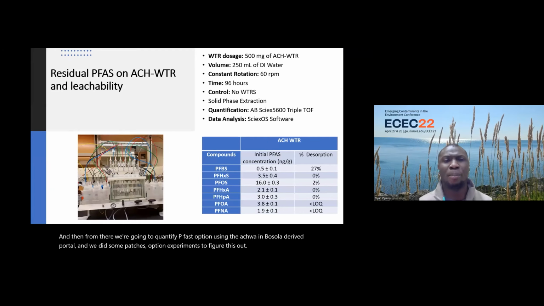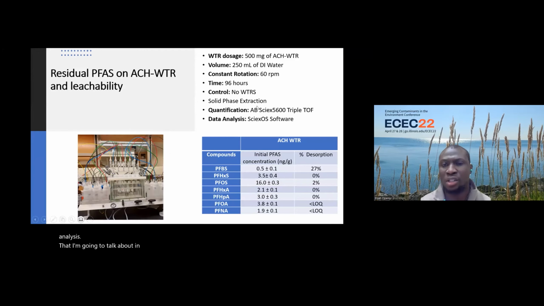So first, the residual PFAS on the treatment residual, that's the ACH treatment residual. For all of the analysis that I'm going to talk about in this research, I did solid phase extraction, and the quantification was on a triple TOF.